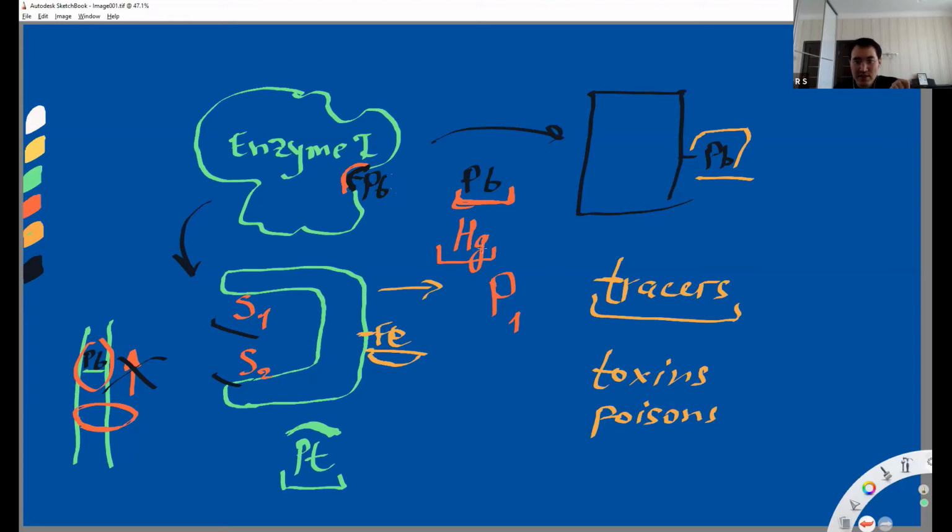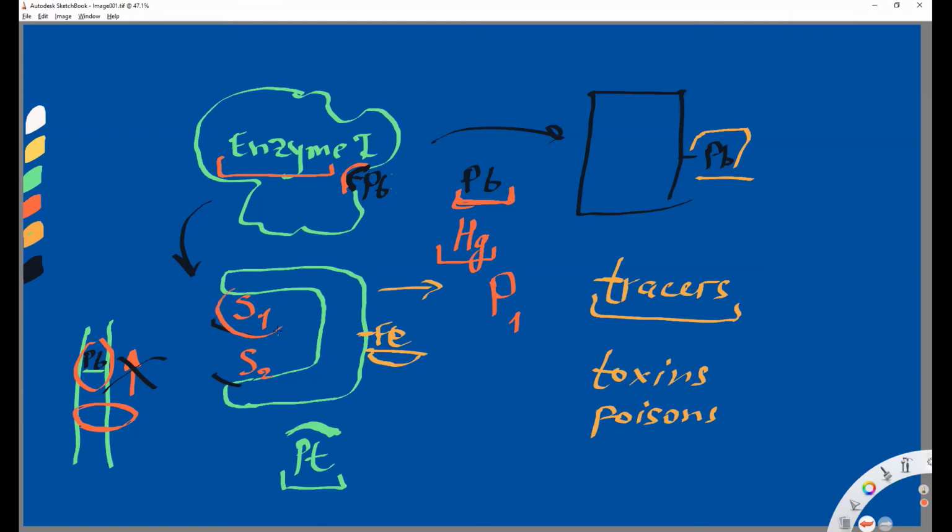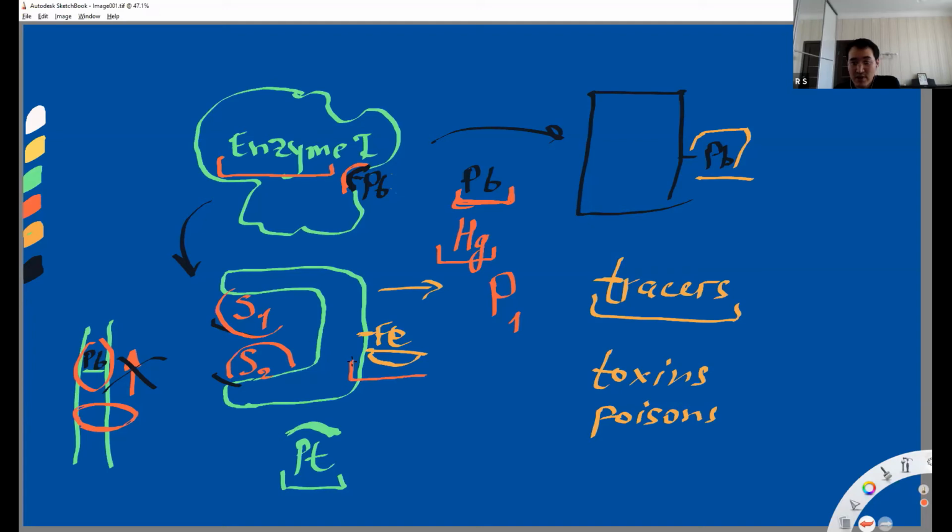And if you take enzymes, they are highly specific, specialized. One enzyme can only take these and these substrates, not anything else. But as a reminder from the past, we still have these tracers that activate them.